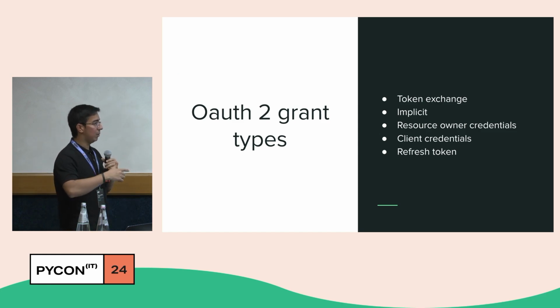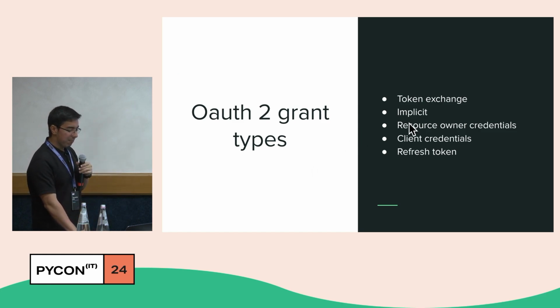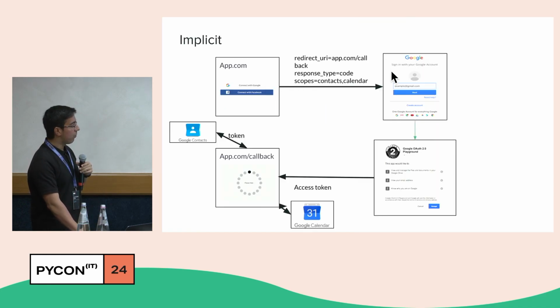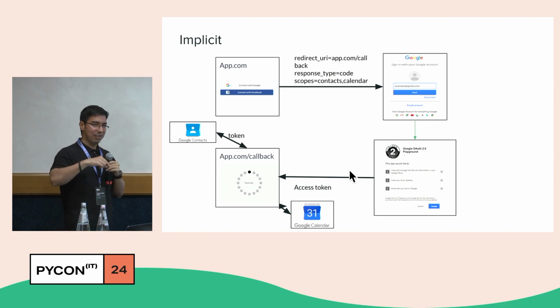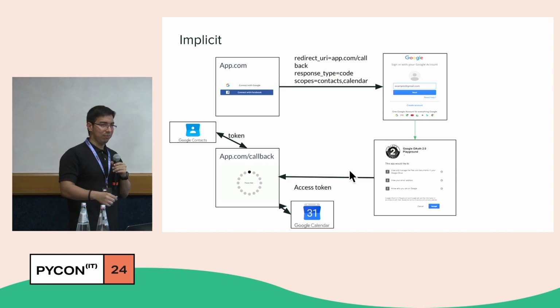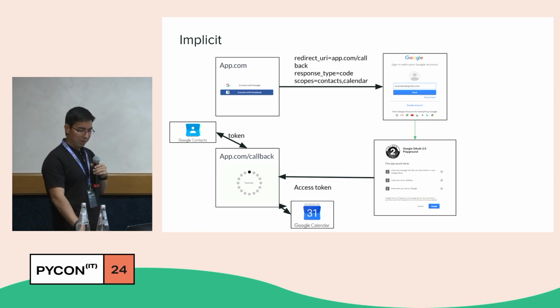However, you can also implement OAuth2 with a variation of what I mentioned, called the implicit one, which means that when you run the flow, instead of receiving the token exchange, you will receive the access token directly on the front-end side. That's the main difference.